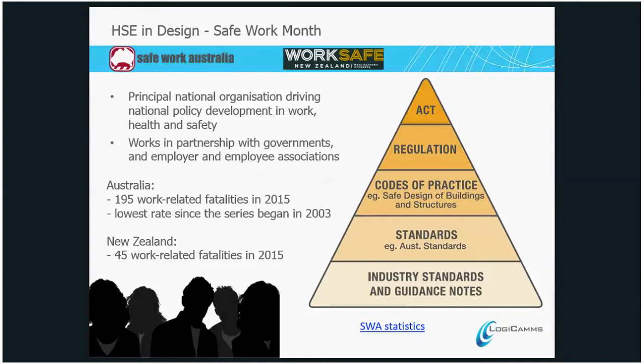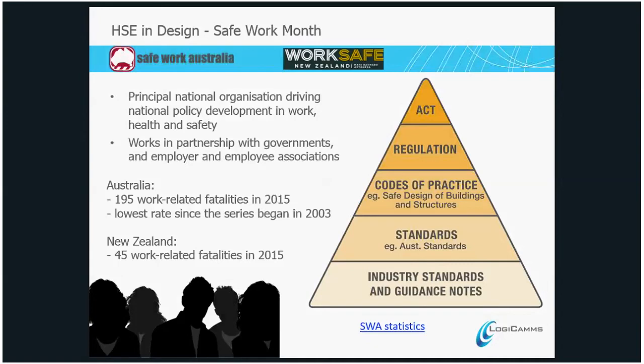HSE and design, basically, if we look at this triangle here, which shows us how the Act, regulations and the various other elements fall together, Safe Work Australia was created as a principal national organisation driving national policy development in work health and safety. It works in partnership with the governments and employer and employee associations.